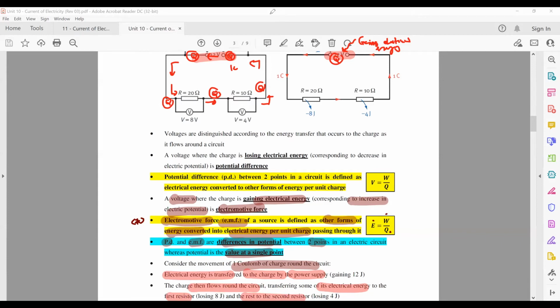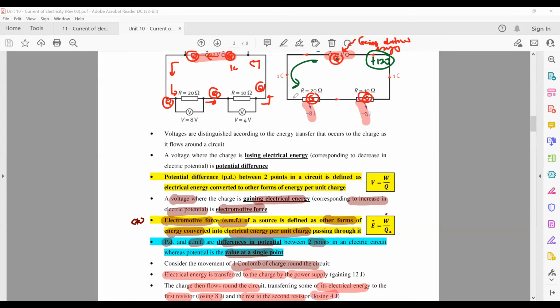In the example of the circuit here, at the battery it gained 12 joules of electrical energy. As it moved through the circuit, it encountered the first resistor, and from here it starts to lose some of its electrical energy, minus 8 joules. Then it continued to move until the second resistor, where it lost more energy, this time 4 joules.